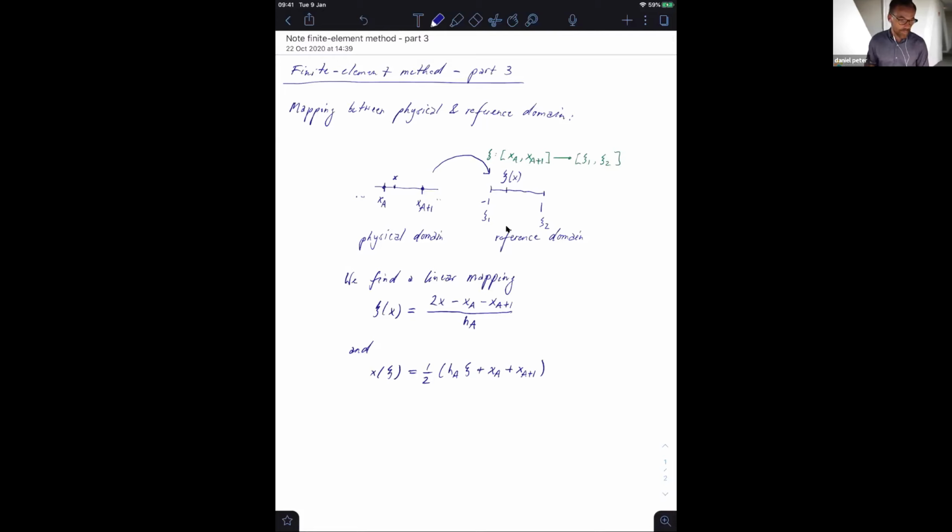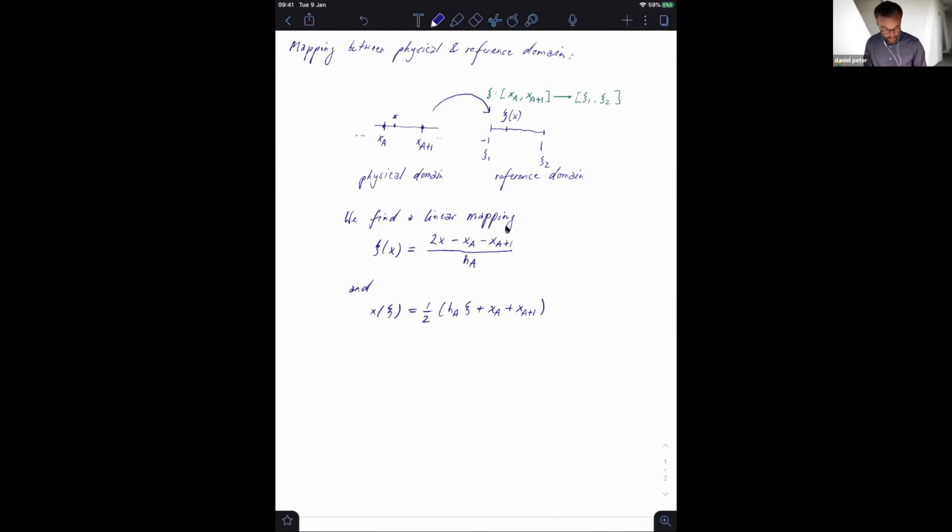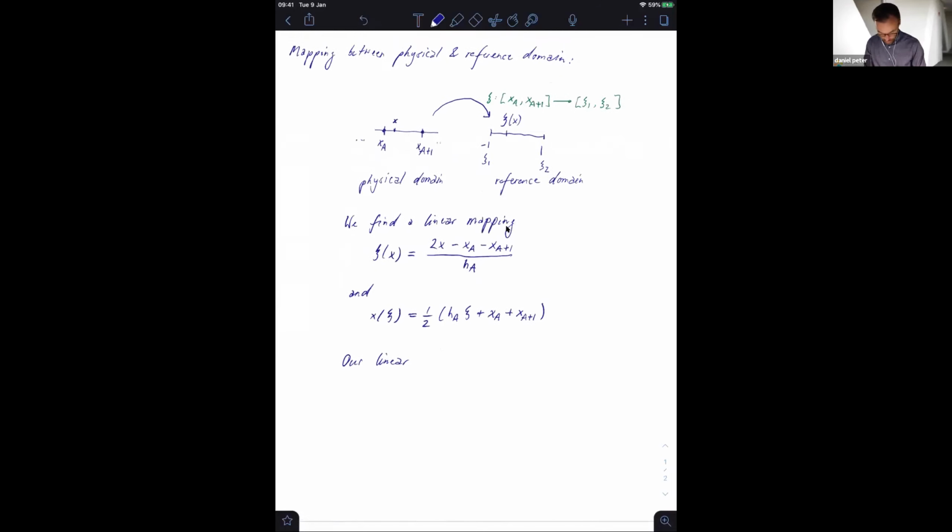So the two shape functions that we still have to define. So the two linear shape functions for this reference element are also linear. So we can write them as Na of xi now.